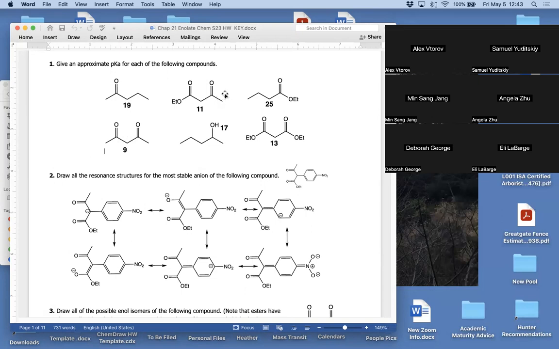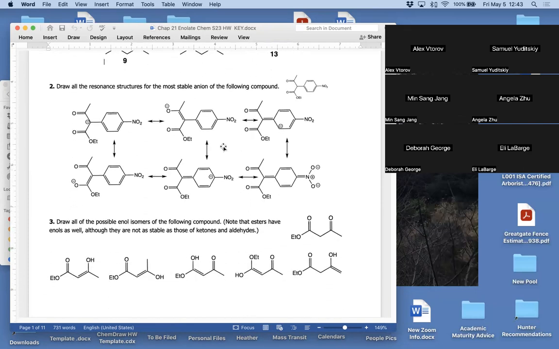I mean, the three, 9, 11, and 13, yeah, they're kind of in the same ballpark. And 25 is dramatically the most basic. So, yeah, you've got to have an appreciation for that, even if you can't cite numbers. You've got to be able to do at least a rough ranking. Practice drawing resonance structures, anybody? That'll do it.